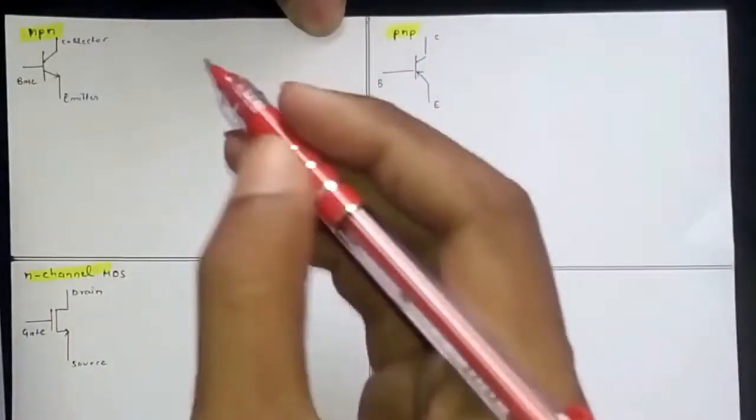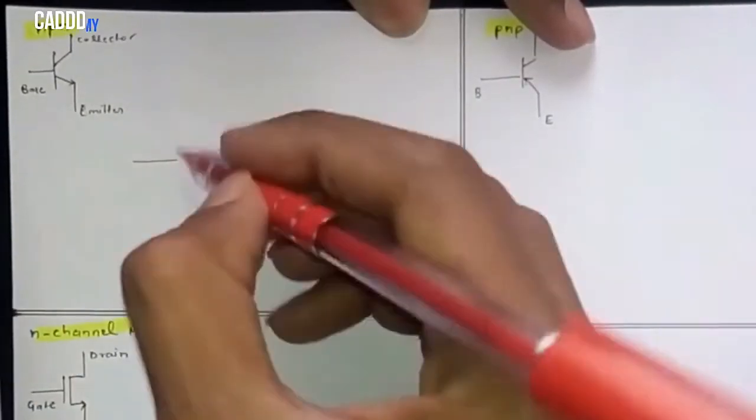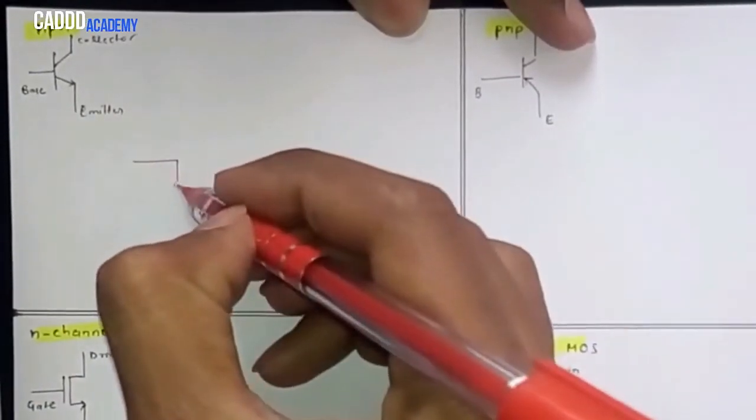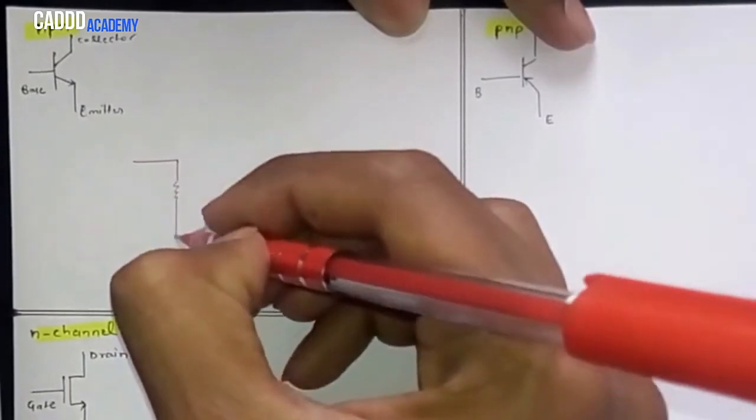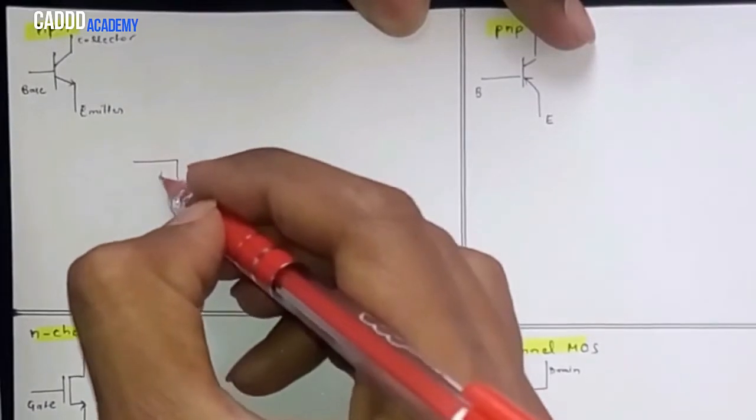So starting with the NPN, we will have a resistance between the base and the emitter terminal, which we will call RB, a small signal resistance.